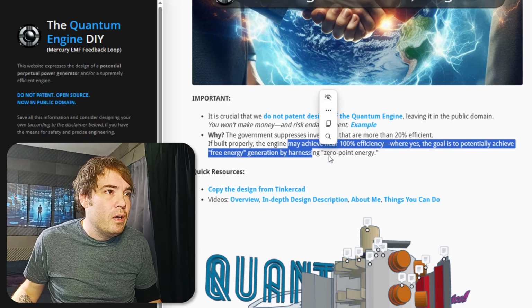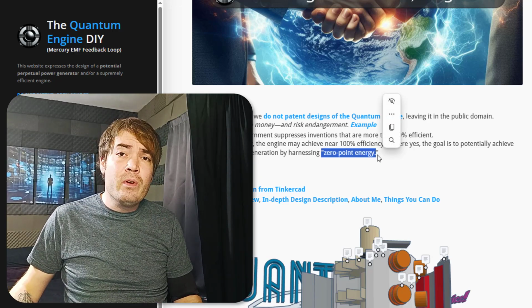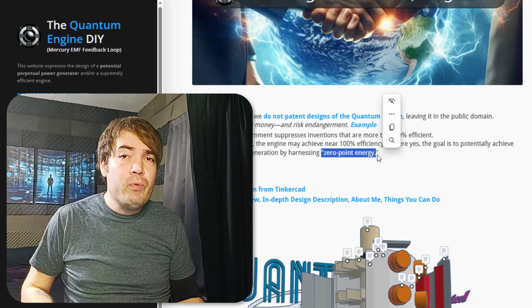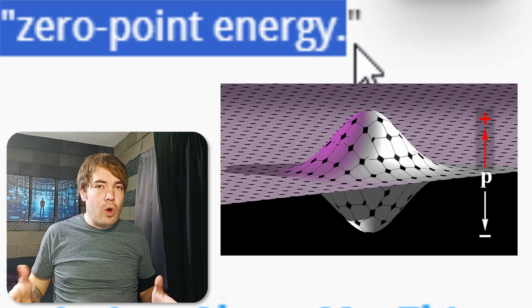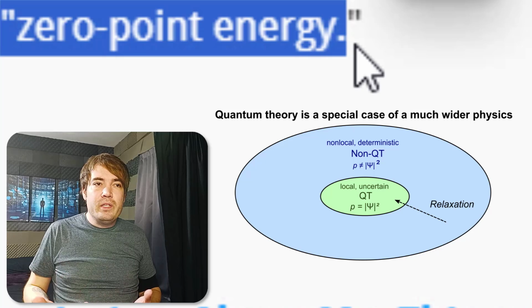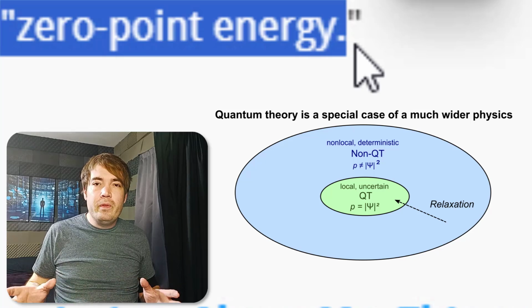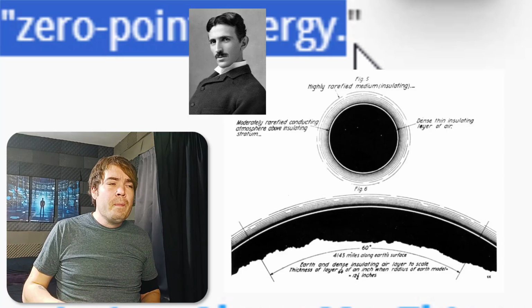Anyways, the point is we're trying to get closer to accessing zero-point energy, and if you don't know what zero-point energy is, it means that there's a field of energy that exists around all of us. It's a quantum field theory kind of thing, and it kind of relates to what Tesla said about the ether and whatnot.